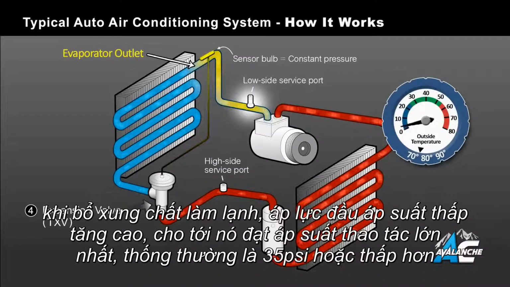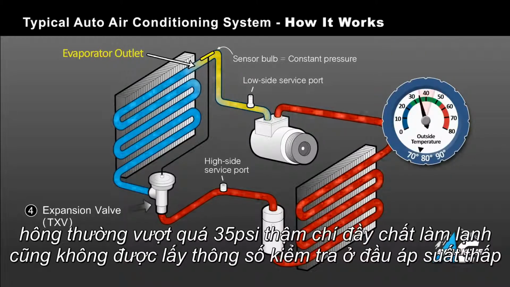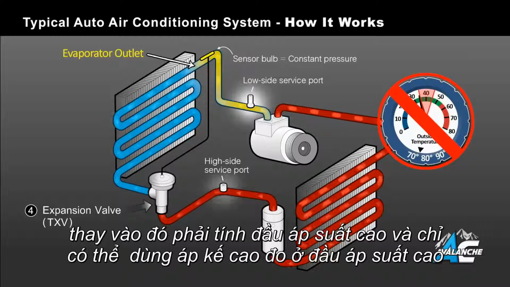As refrigerant is added, the pressure on the low side rises until it reaches its maximum operating pressure, which is typically 35 psi or lower. If this pressure level is below the gauge's established correct fill, which is typically over 35 psi, even though the system is fully charged, adding additional refrigerant will not show on the low side pressure gauge, but will build up on the high side and can only be measured using a high side gauge.